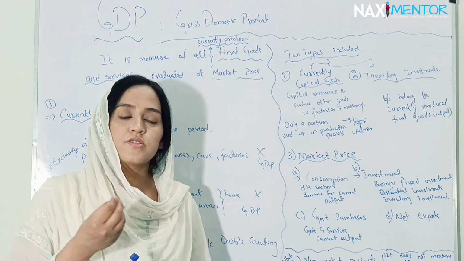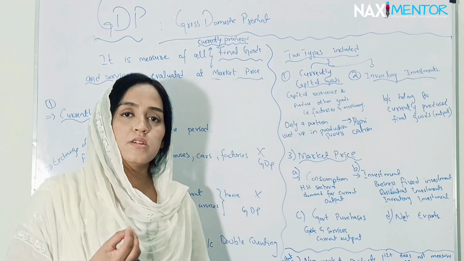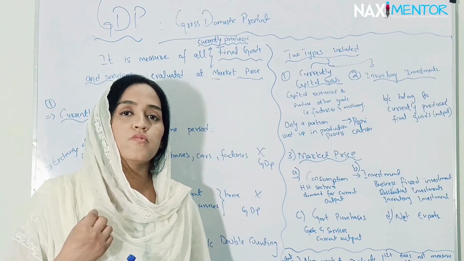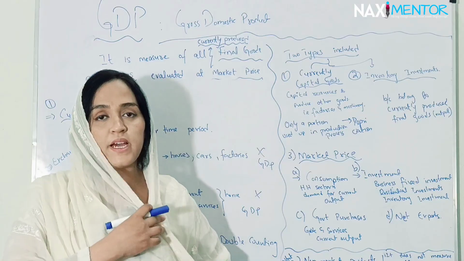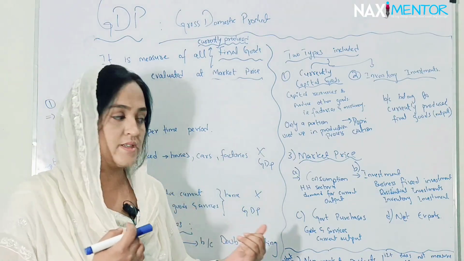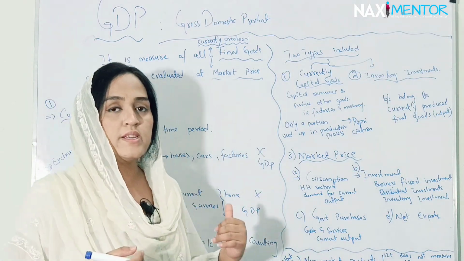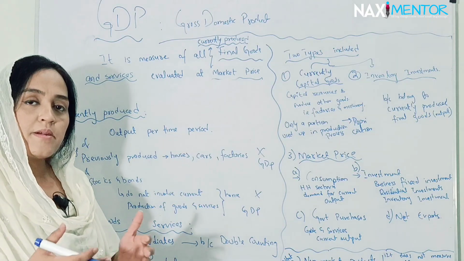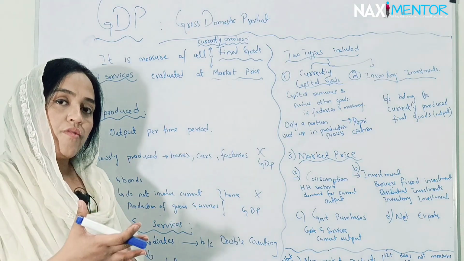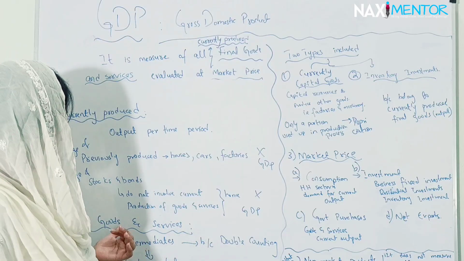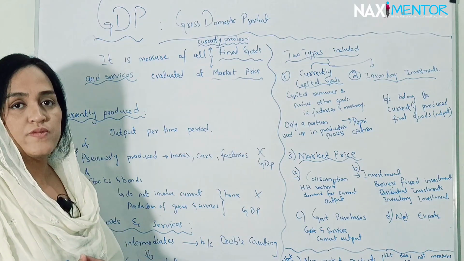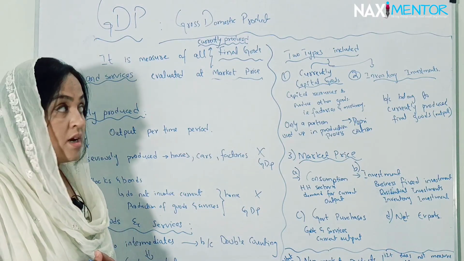If we take the price of cotton as intermediate goods and finally the price of whole cloth, so price of cotton will be counted doubly and it will create the problem of double counting. So intermediate goods that become part of produced goods and services will not be counted in GDP. Only final goods will be counted.